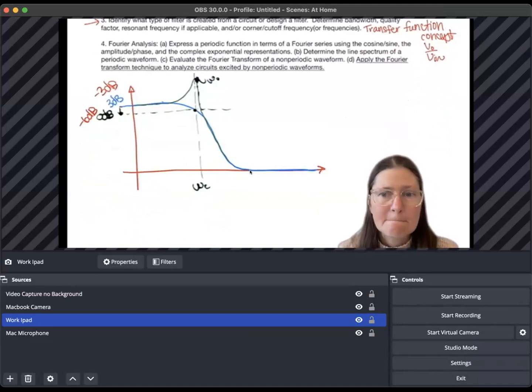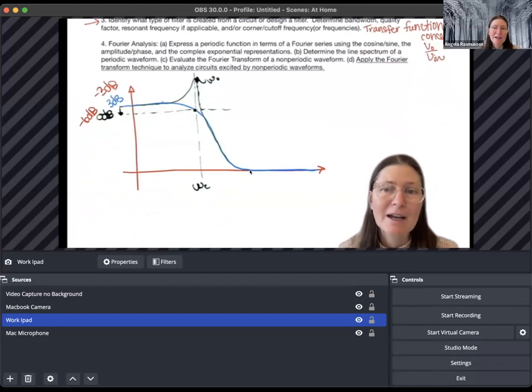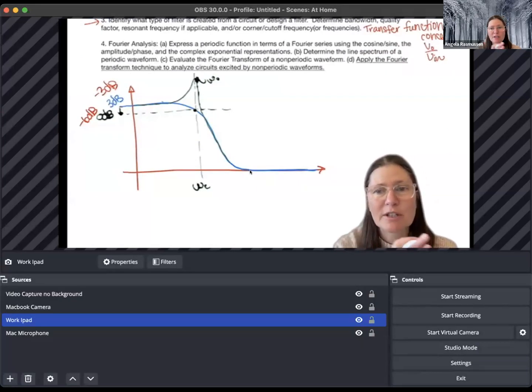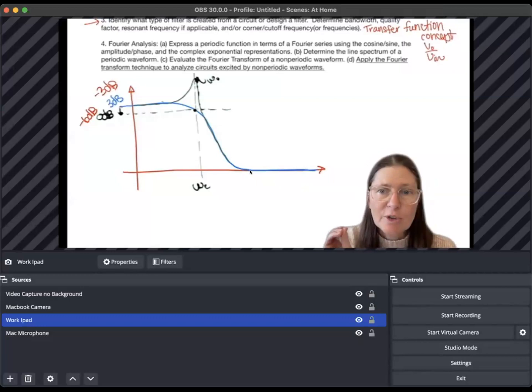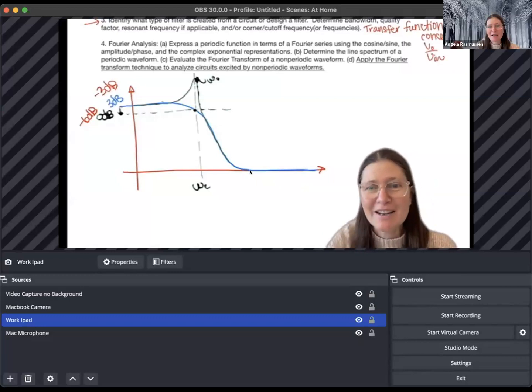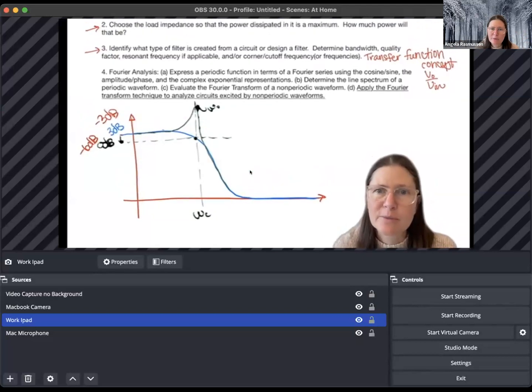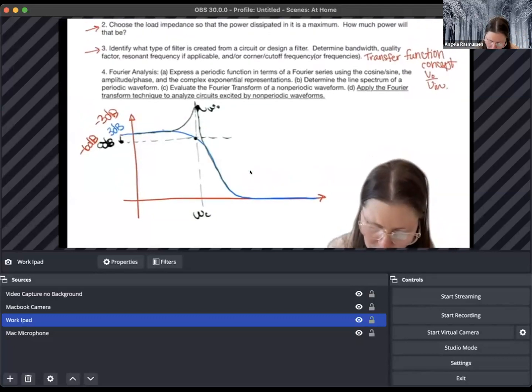We don't want to define it at just one location on this graph. We want to know it over a whole variety of frequencies. What does that look like as we change frequencies? So that's again going back to what we are trying to get out of this, and in that case, we're trying to get out some different information. So this was also an introduction to Bode. What is a Bode plot?